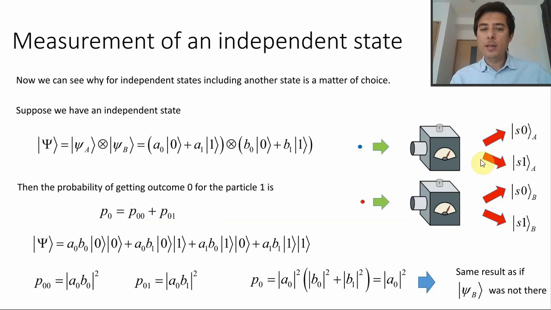If Alice gets the outcome 0, then in terms of this two-particle measurement, it could be that Bob also gets 0 or Bob gets 1. So the outcome of Alice getting 0 is really the combination of two cases: Alice gets 0 and Bob gets 0, and Alice gets 0 and Bob gets 1.